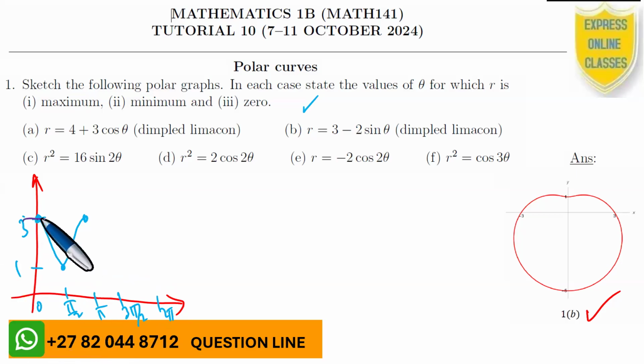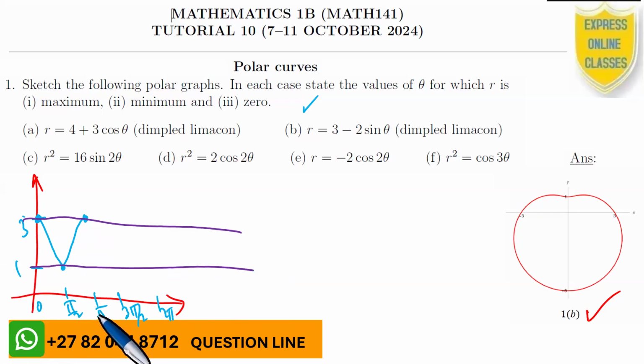So this one, at pi, it's going to be a 3.